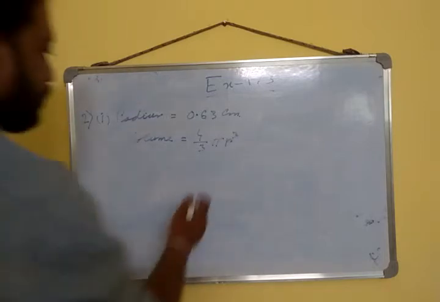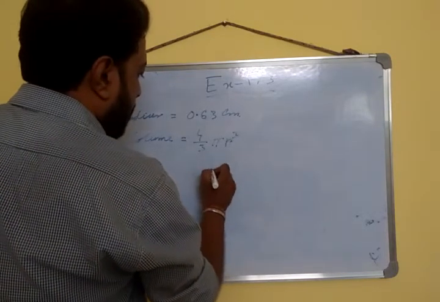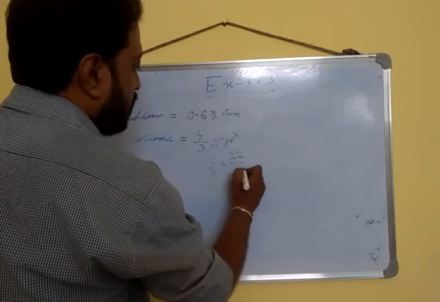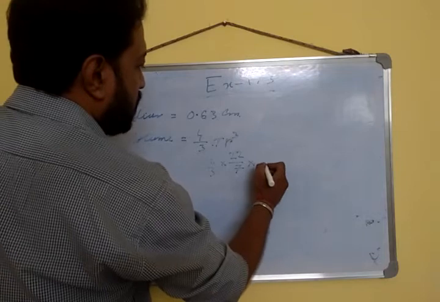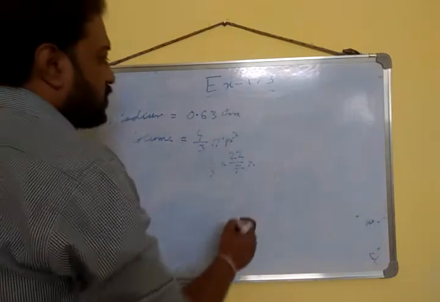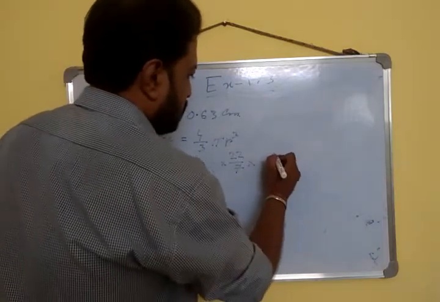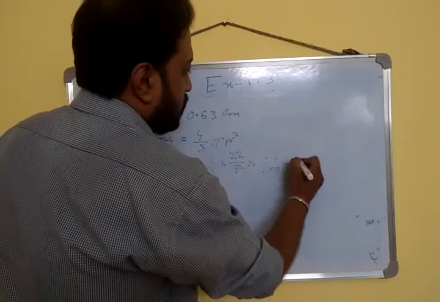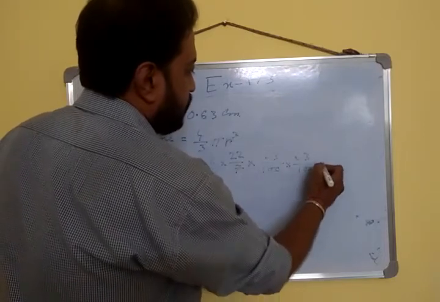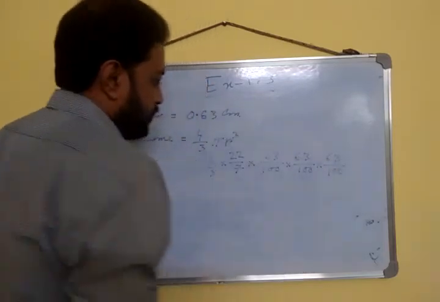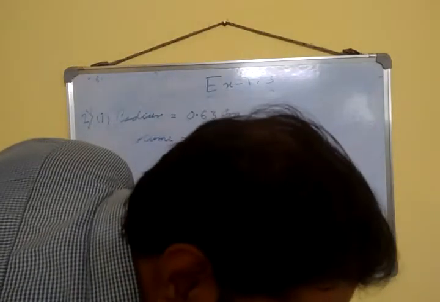Let's see. 4 by 3 into 22 by 7, r cube means 0.63 is given. I'm going to convert the decimal into a fraction: 63 by 100 into 63 by 100 into 63 by 100. Converted it. Now simple calculations.